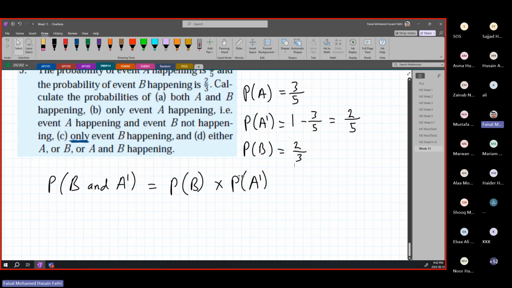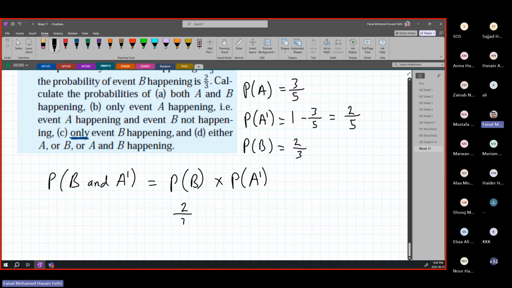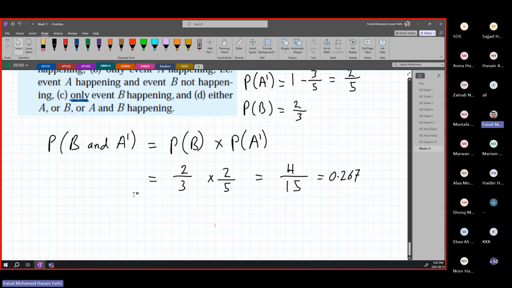Okay? And now we just plug in. So 2 over 3 times 2 over 5, which is equal to 4 over 15. So this is the probability of that happening. 4 over 15, which is 0.267 or 26.7%. Okay?